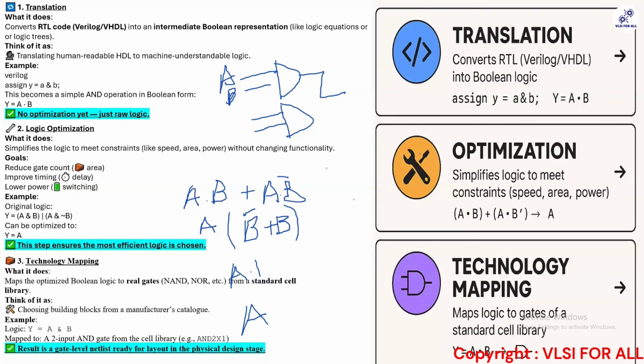And finally, you have to map your cells to the technology out of this library, whether I'm going to use AND LVT or AND HVT, which is low VT or high VT, or which drive strengths, so that it finally knows this is the kind of cell I am going to use.